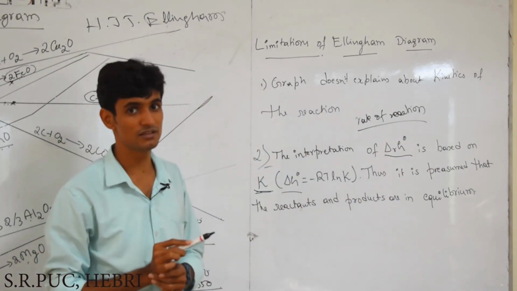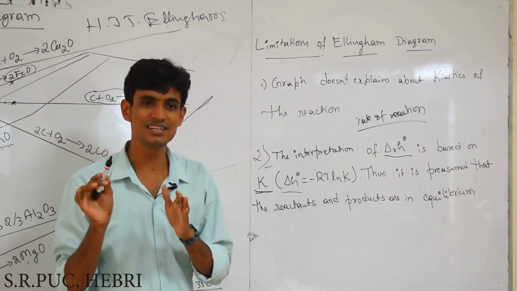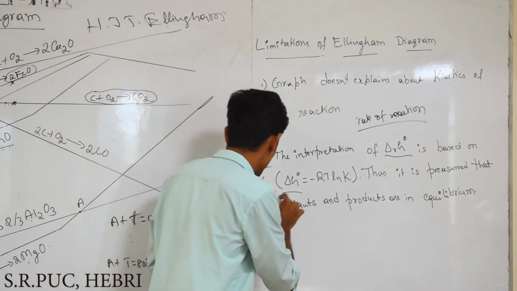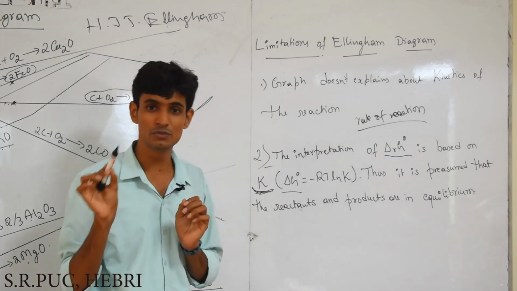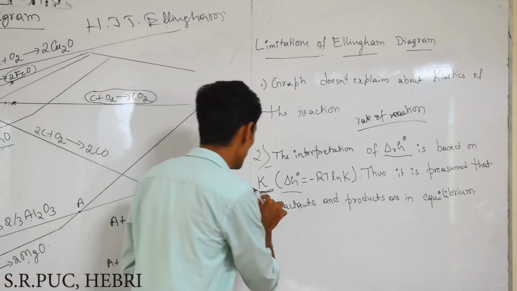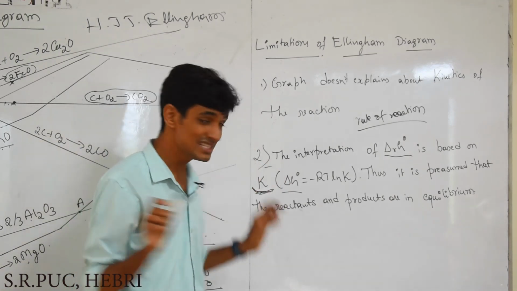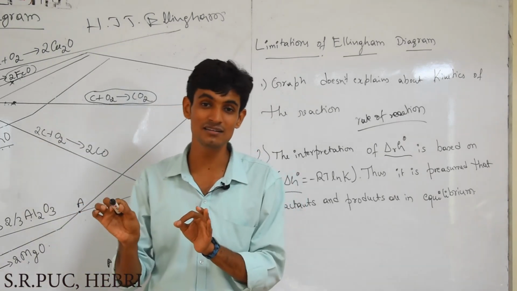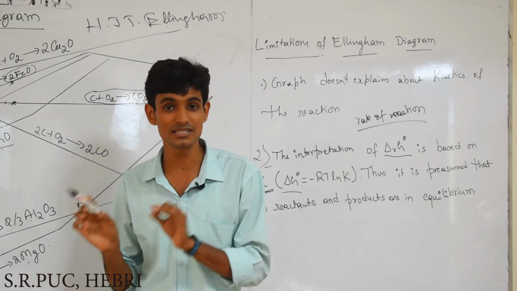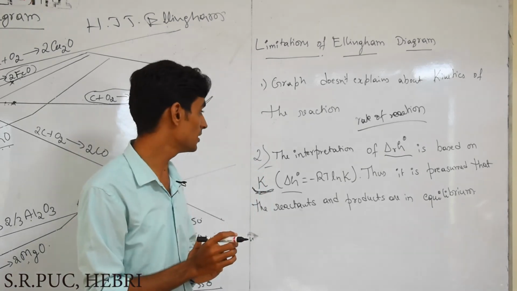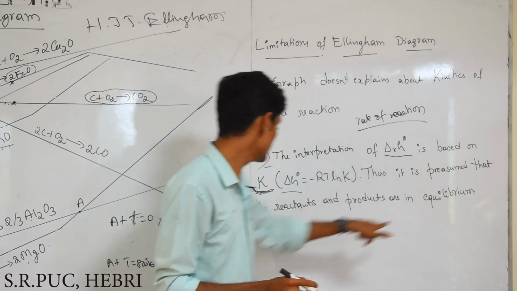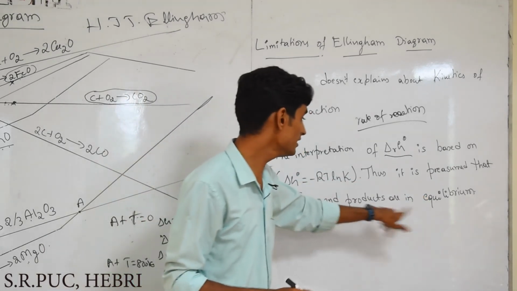The equilibrium constant comes into picture only when the reaction is in equilibrium. So this graph pre-assumes that all the reactions taking place are at equilibrium, that the reactants and products are in equilibrium.